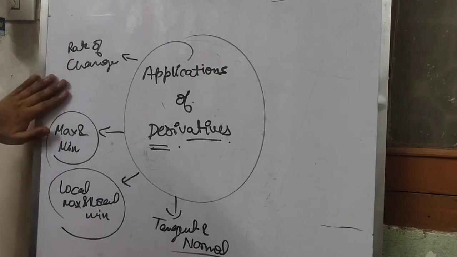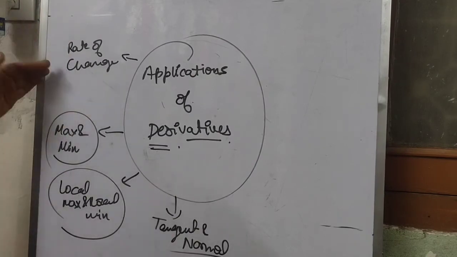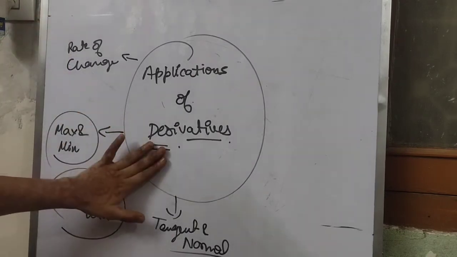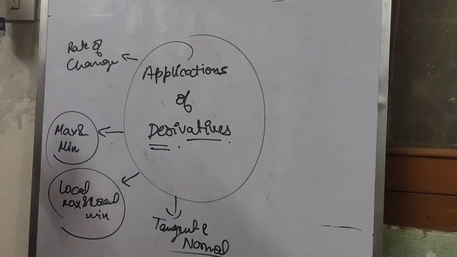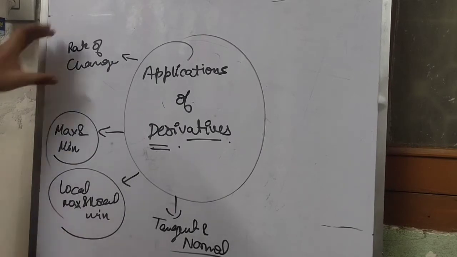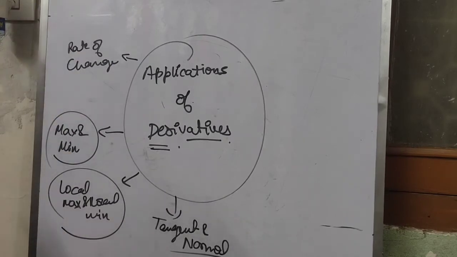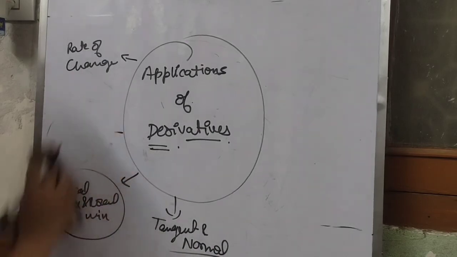Other than that, rate of change is the very basic starting point of derivatives, because whenever you are working with derivatives, you will have to understand what the rate of change is and how we calculate it. So starting with the rate of change itself.